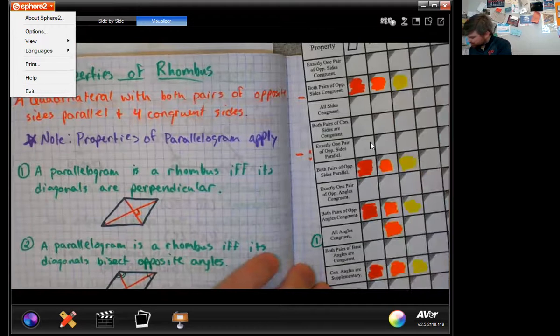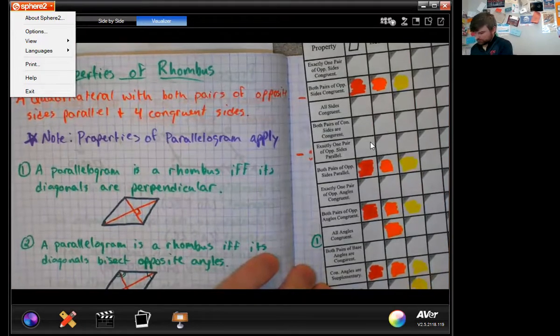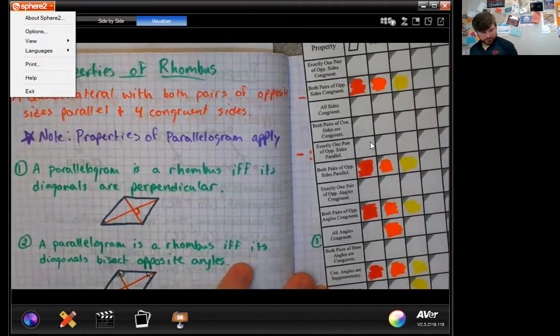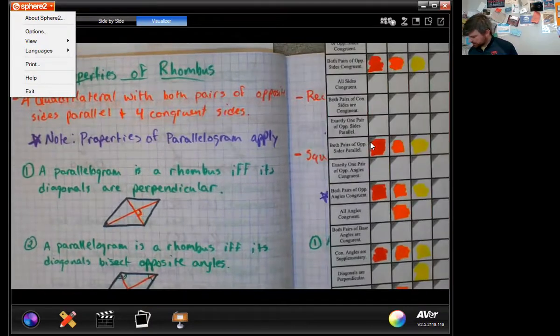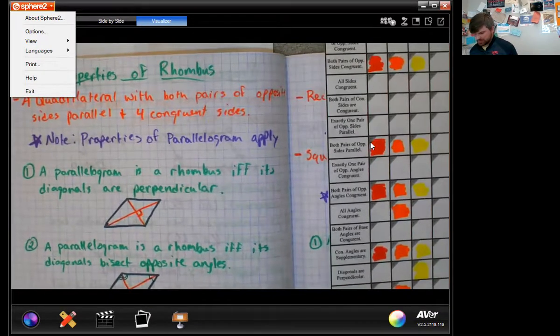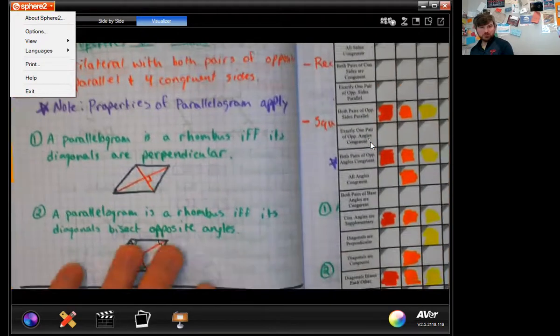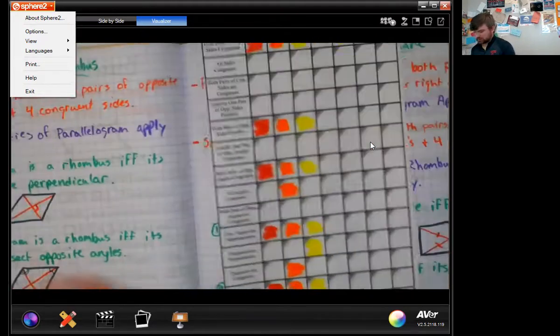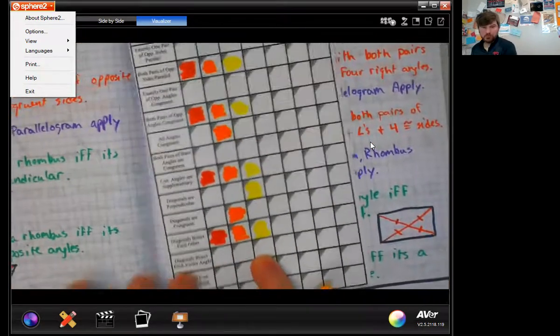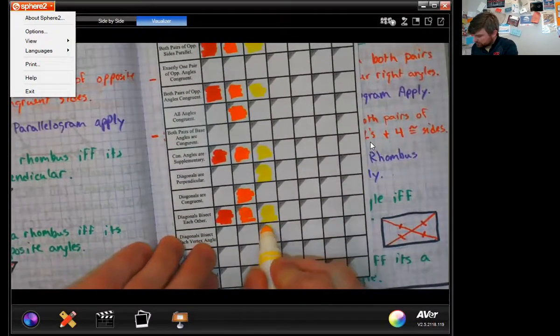So right here, diagonals are perpendicular. Diagonals bisect each vertex angle. That was number 2 right here. It bisects those vertex angles.